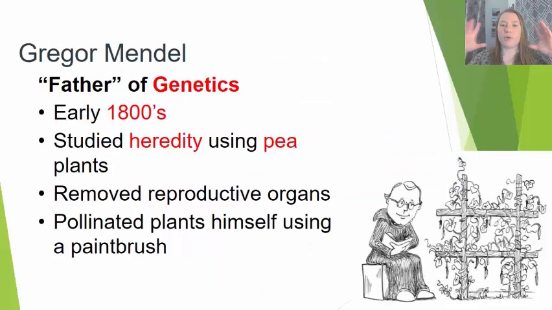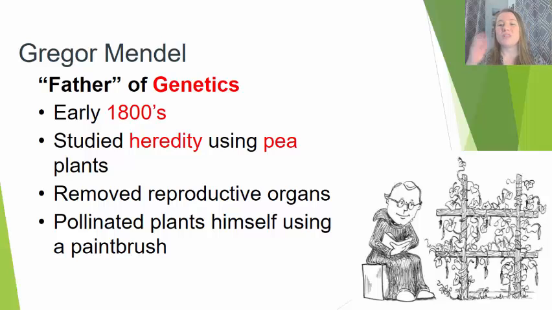Now back to our genetics storyline here. Gregor Mendel is the father of genetics, and he was a monk in the early 1800s who studied heredity using pea plants.